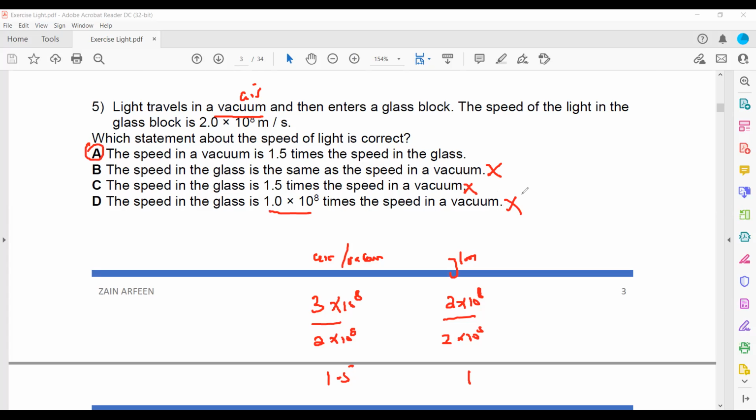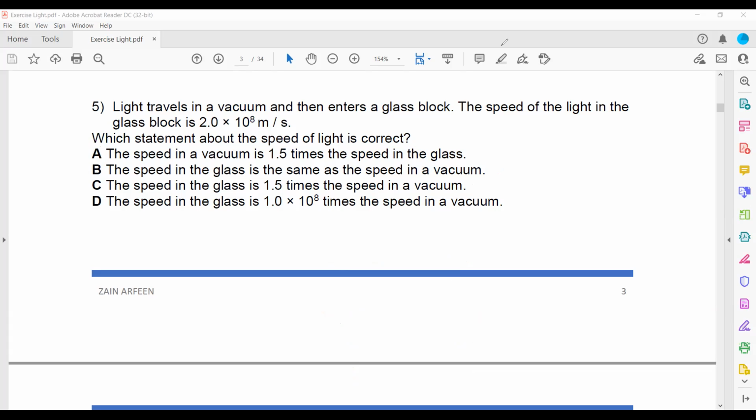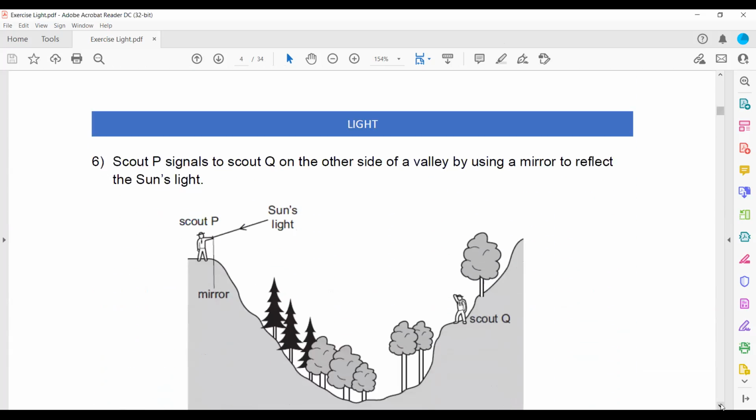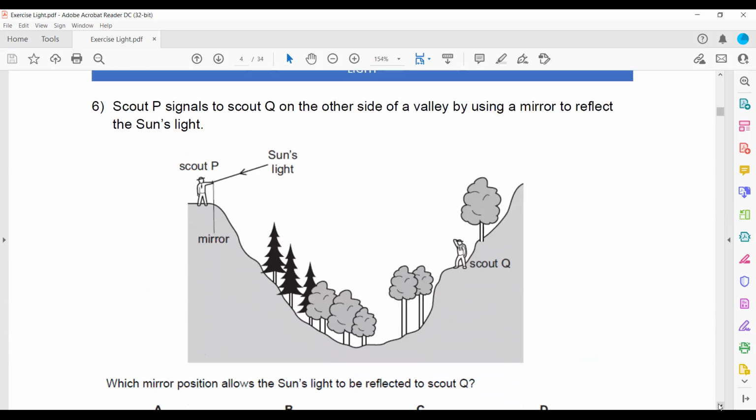It is not 1 × 10^8 times more than the vacuum, it is 1.5 times less than the vacuum, or we can say the vacuum is 1.5 times more. So whenever light travels from air to glass, the speed of the light will decrease, sorry.